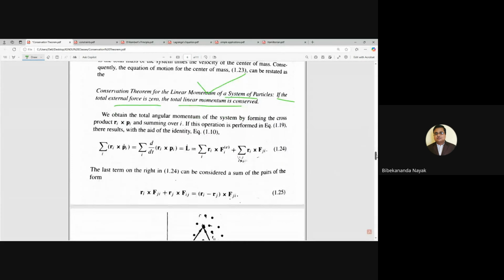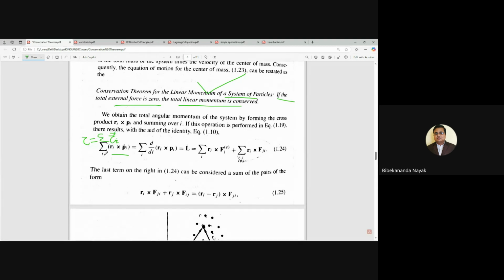Similarly, correspondingly, we can find the angular momentum, because we already discussed it for a single particle. We extend it now to a system of particles. For a system of particles, the total torque is the sum of the torques acting on the individual particles, tau_i.